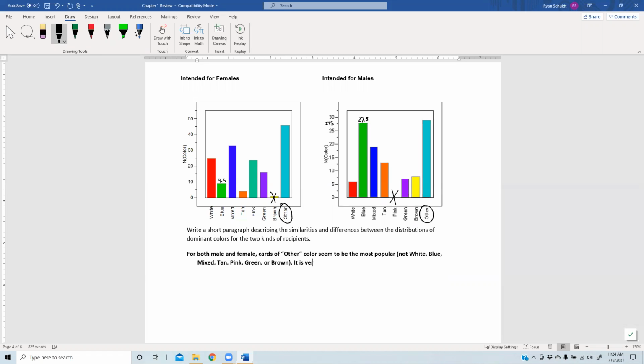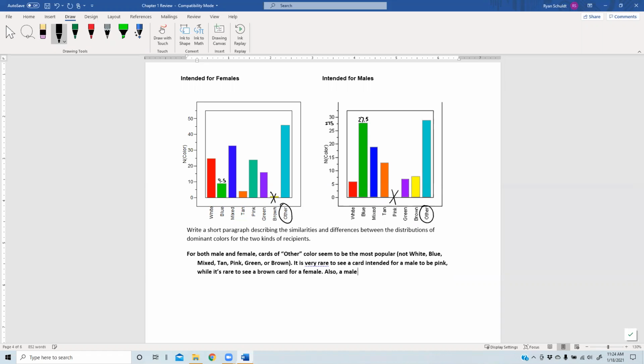As we said, it's very rare to see a card intended for a male to be pink. Well, it's rare to see a brown card for a female.